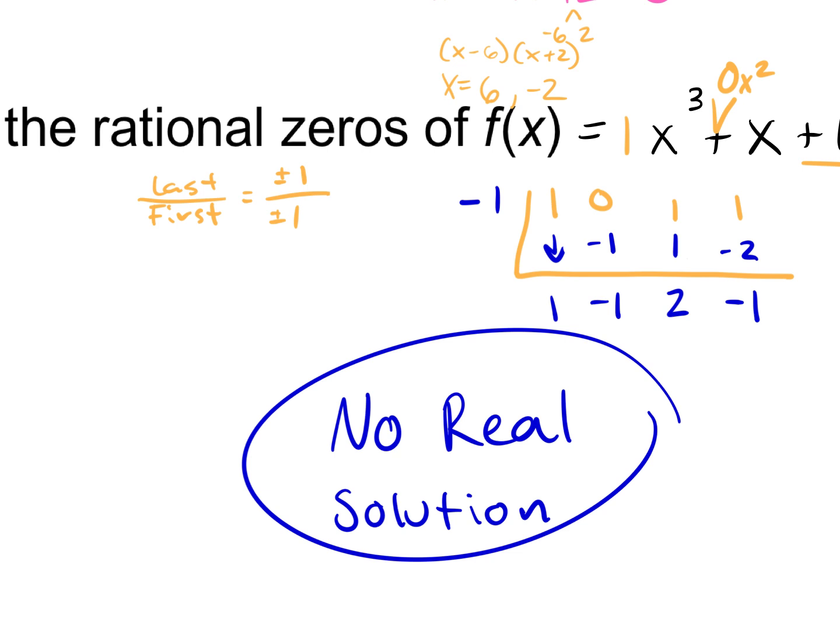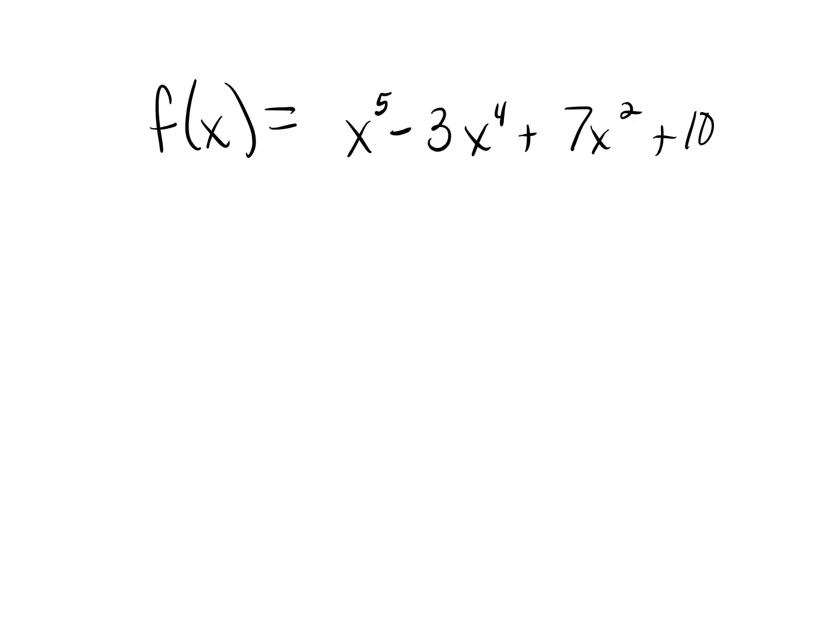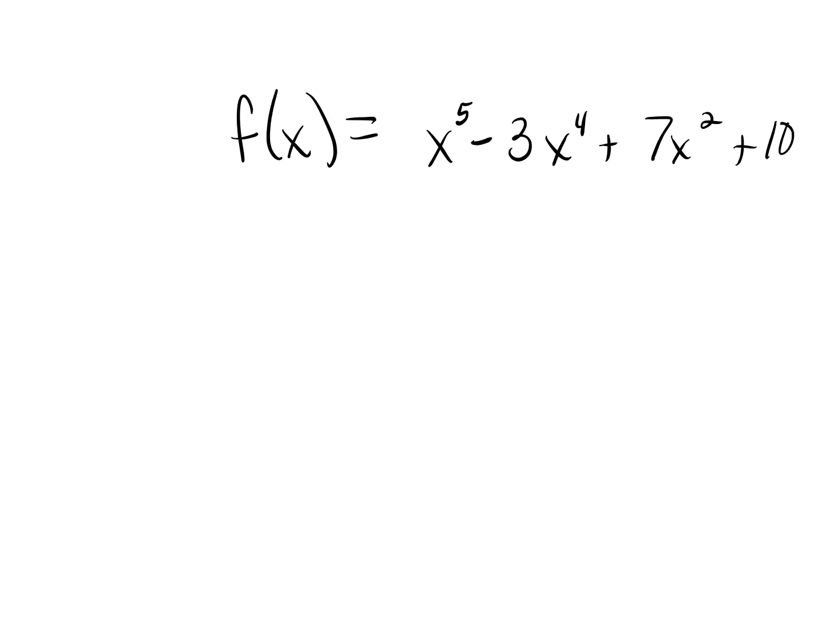There may be imaginary zeros. We may have irrational zeros where you had square roots, but there are no real numbers that work here. This one I worked out in the last class, and we tried all of our possible options. Let's list. What are possible options of 10? 1, 2, 5, and 10.